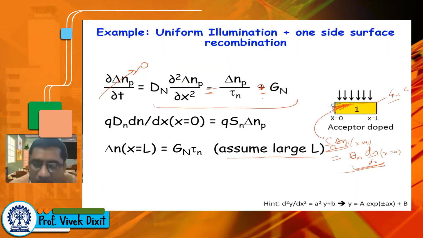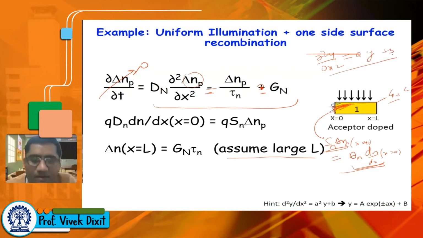Now this equation is very similar to a linear type of equation. If this is y, then d2y by dx square is equal to some coefficient times y plus b. For this type of equation, the solution is usually written as a times e to the power plus or minus ax, plus b, as the hint given here.